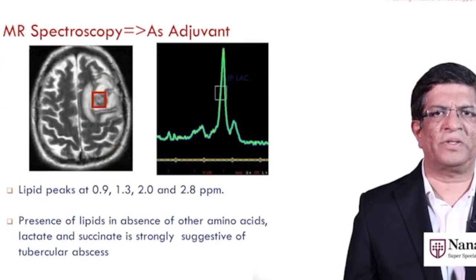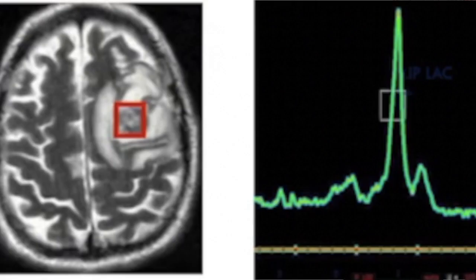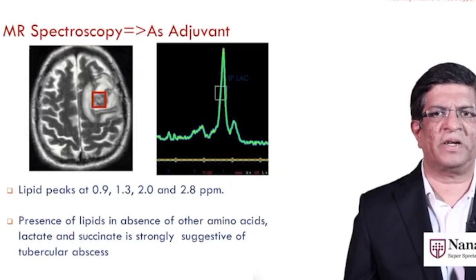If you do not have an answer on routine imaging, MR spectroscopy can be quite useful. MR spectroscopy performed through the lesion would show a large lipid lactate peak extending from 0.9 to 1.2 ppm. All the other metabolites would be virtually absent. So, this is classically seen in the majority of granulomas, more commonly in tuberculomas.